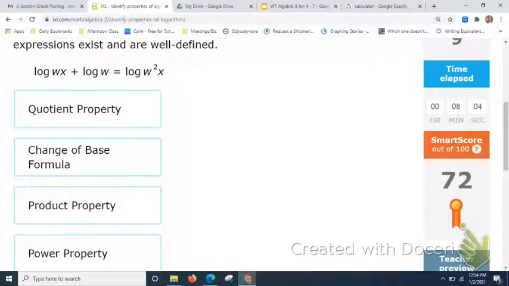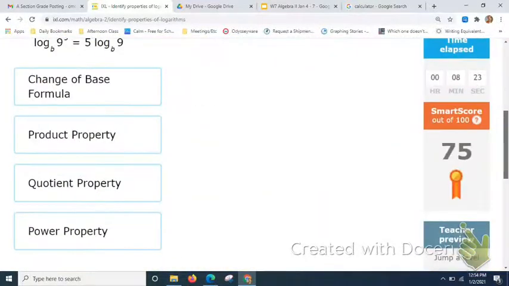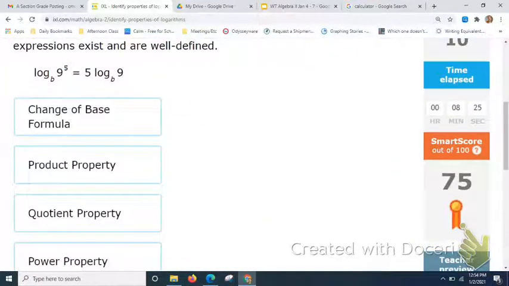We might expect that 2, why isn't that coming out to the front? But if I have W times WX, so this is actually product. So think the addition has changed into a multiplication. That is still product. Still just move that exponent.